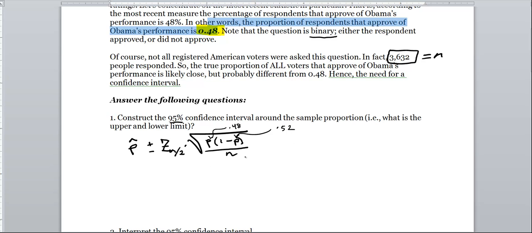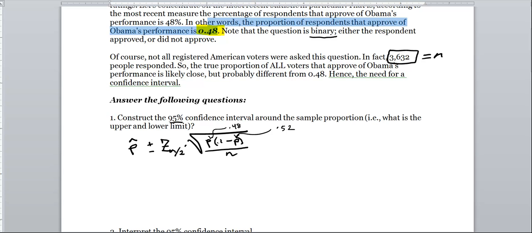So your textbook gives a formula where this is appropriate, and I see that many of the groups actually use this, and that's fine. Another way that you could go about doing this, and probably a polling institute like Gallup does, is regardless of what you get for a sample proportion. We got 0.48, but if we got 0.2, 0.1, regardless of that, plug in 0.5 for p. And the reason is a value of 0.5 for p will give you the largest possible numerator in this fraction.